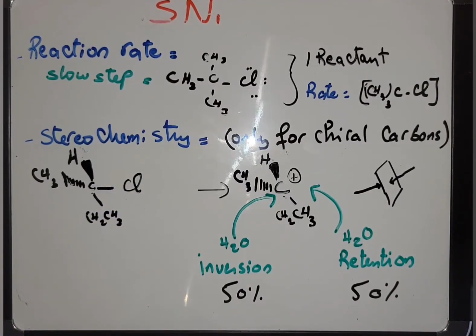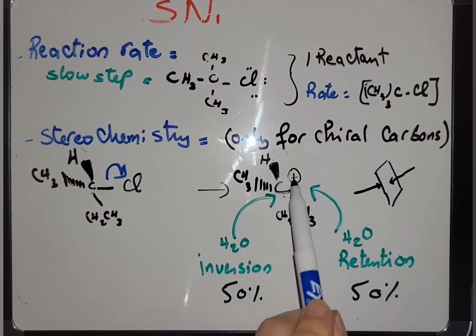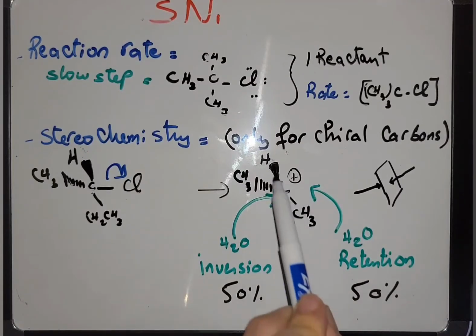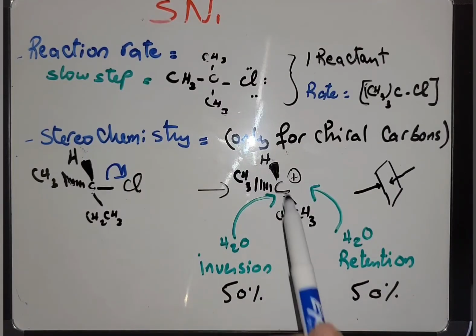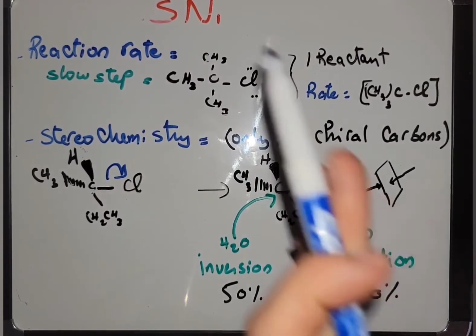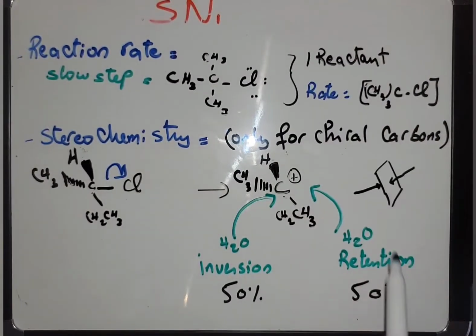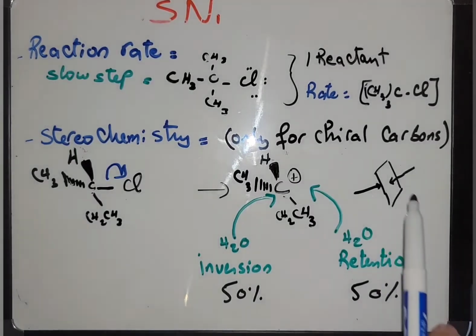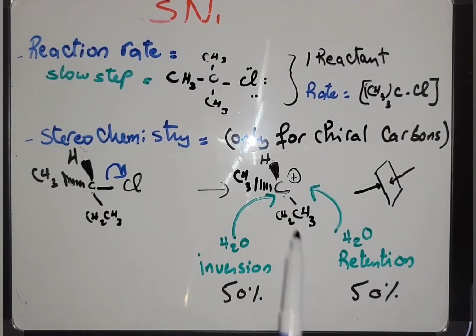So once the chlorine atom leaves, the leaving group leaves, we're going to be left with a carbocation, right? So this is a carbocation bonded to 3 different things, meaning that it's chiral. And since we have the shape here, which is trigonal planar, it's like a plane. Here we have 2 options.